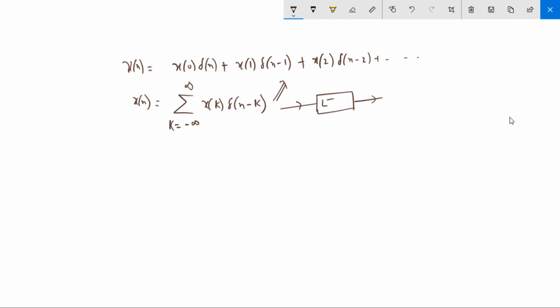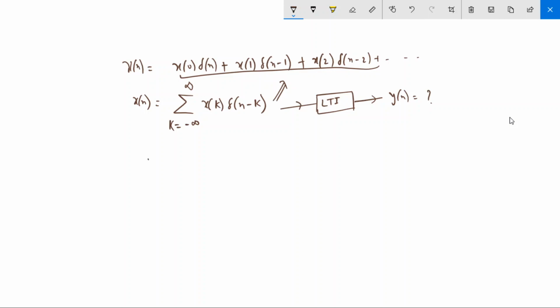Now this is the input to the system, which is an LTI system. We have to find what is the output. Since we assume that the system is linear, the first property, it means if the input is itself a linear combination of different signals, the output is nothing but the linear combination of different outputs.